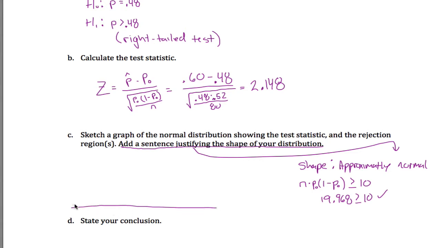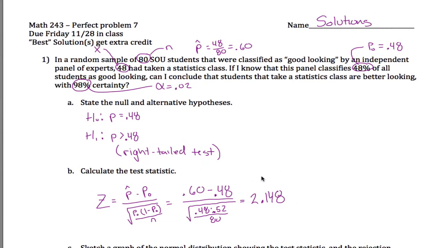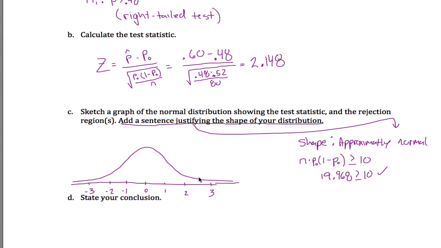So now I want to sketch a graph. I'll make something that appears approximately normal because of this. And I want to show my rejection region and my test statistic. To figure out my rejection region, I go back and see that alpha is 2%, so I need an area over here that's 2%, which is alpha equal to 0.02.